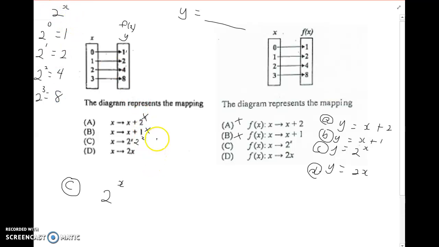So the answer is actually C. You could have checked 2x. D wouldn't be the answer if you just check for 3. 2 times 3 is not 8. 2 times 3 gives us 6, right? So that's another way you could have checked to rule out what weren't the answers.